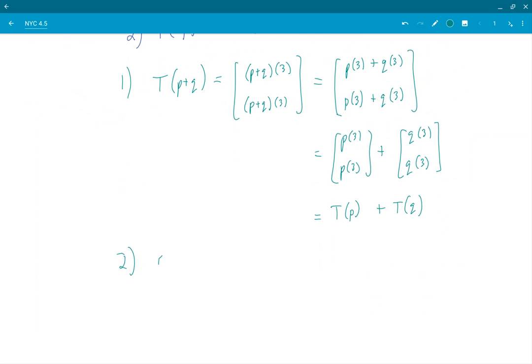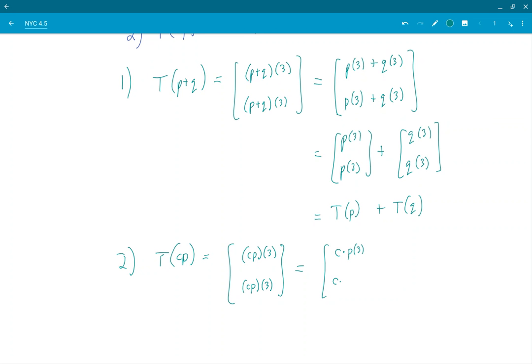2. T of CP is going to be the polynomial CP with 3 plugged in, top and bottom. Okay, what does that mean? Well, it's just going to mean C times P with 3 plugged in.